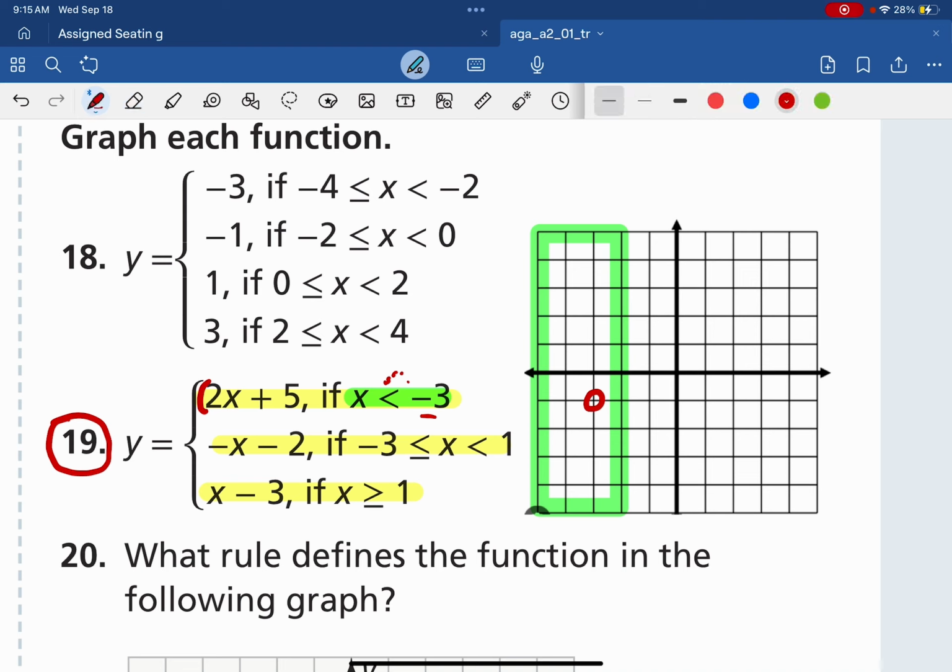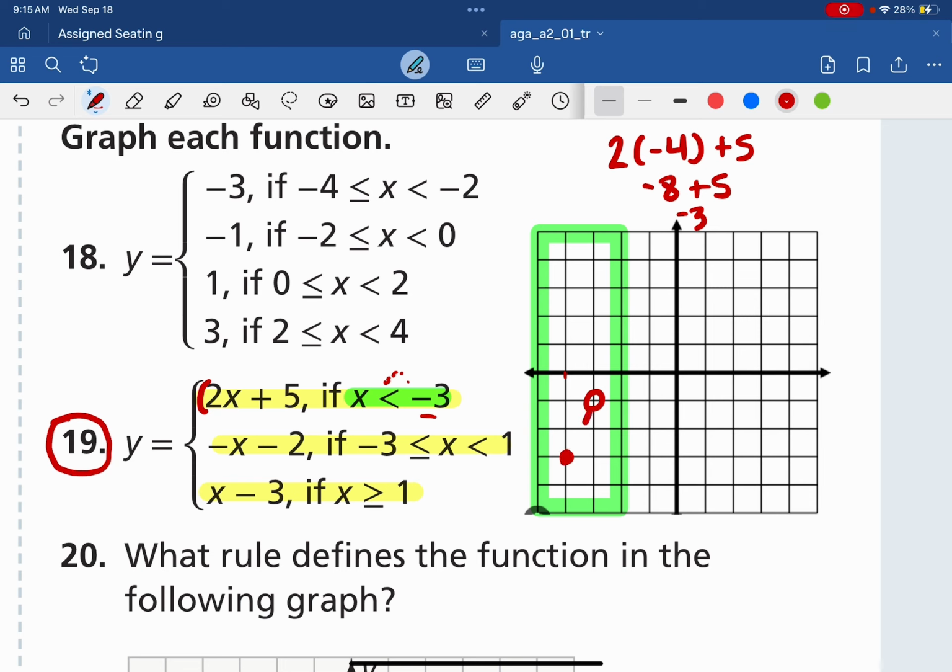I'm going to graph one more point before I draw my line. So I'm going to come to this point over here. At 2 times -4 plus 5, I get -8 plus 5, which is -3. So at -4, I have a y value of -3.